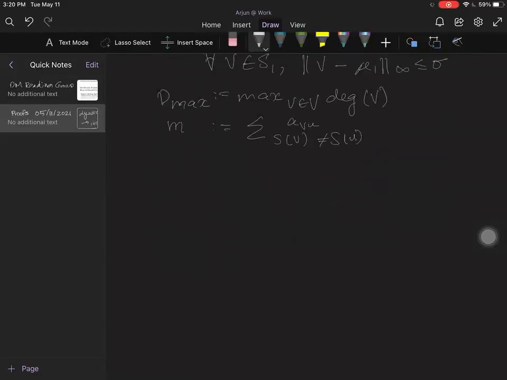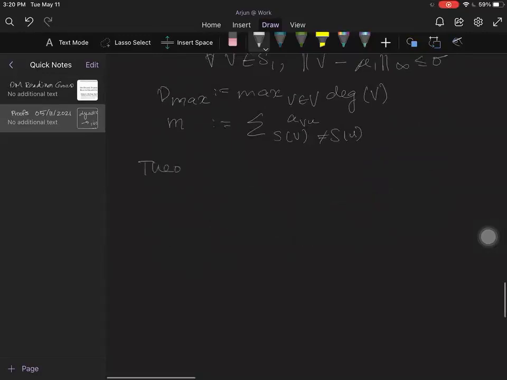I'm going to state the theorem now, theorem 4.1. I think the proof of this one is a little bit more intuitive and straightforward, and so it won't be as confusing with the notation.